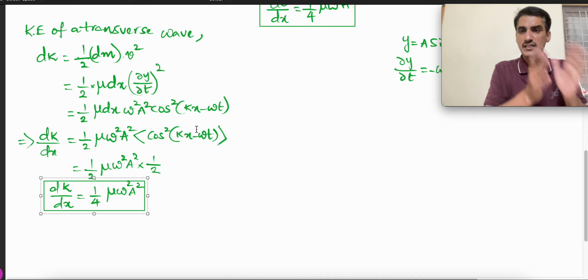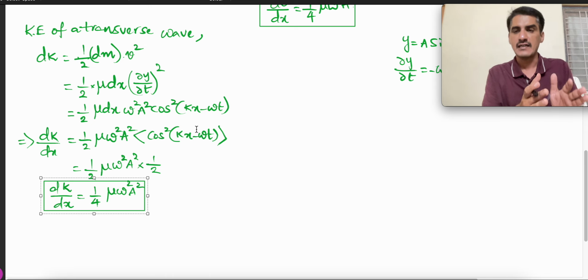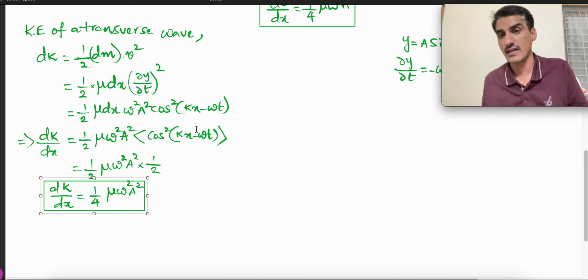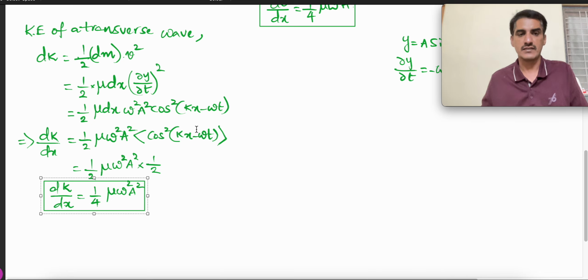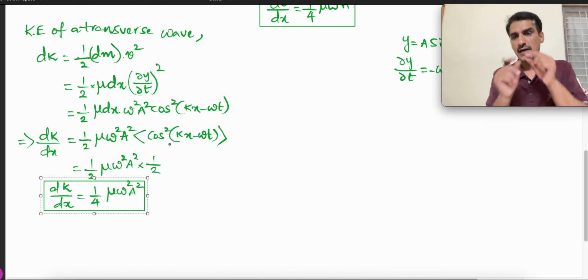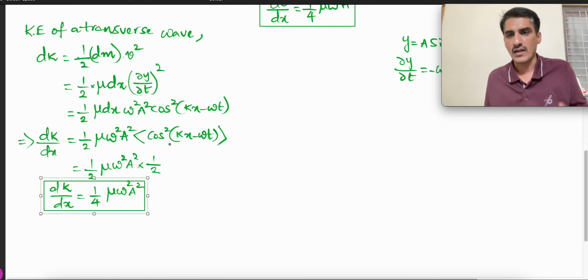How much amount of potential energy is there, the same amount of kinetic energy is also there. But in SHM it is not like that. Have you observed once? In simple harmonic motion it is not like that. It depends on distance. Am I right? As a particle is moving to a certain distance, its potential energy and kinetic energy will not be the same. Only at a particular point they will be the same, but not all the times. But here it is not like that.